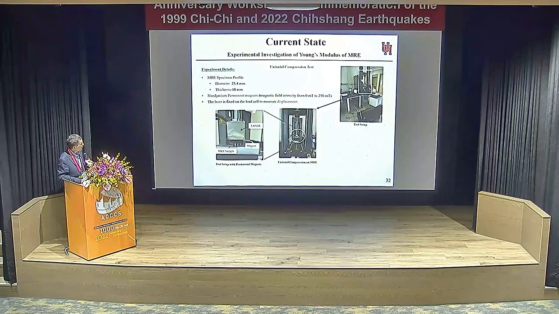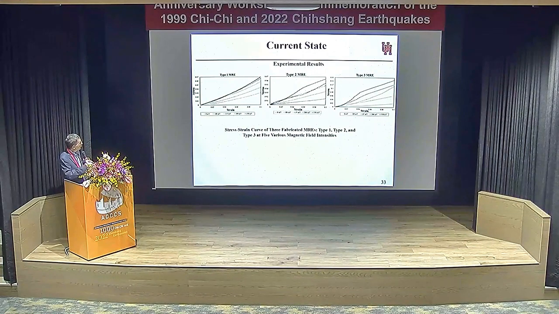This is our test in our lab. We increase the magnetic field by using electrical current. This is the current state. As you can see the result, when we increased the magnetic field, the stress strain curve goes up.